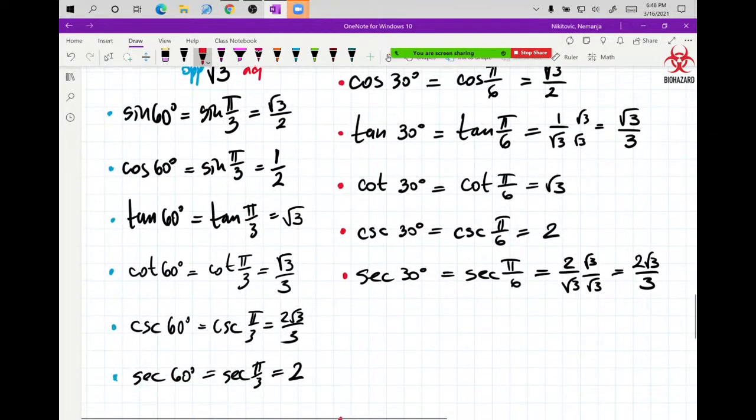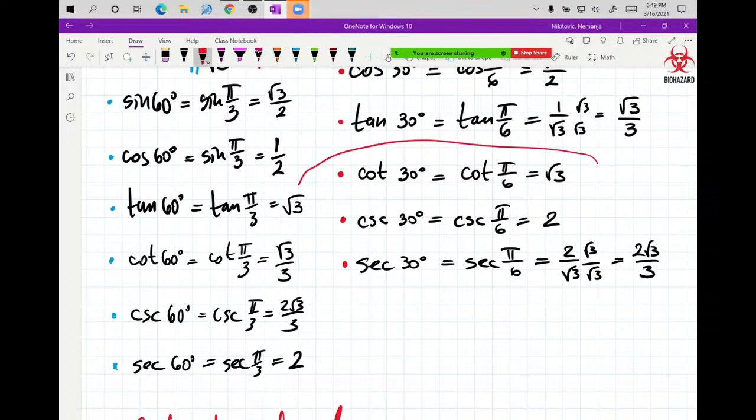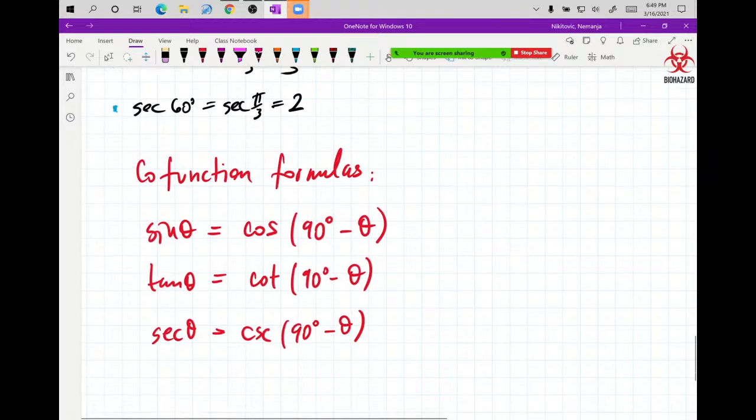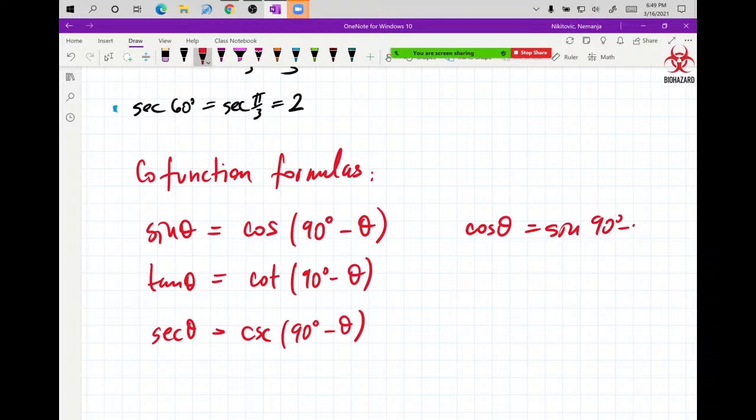What am I talking about? See, they swap the values. Here's your cotangent, for instance. And maybe I should circle cotangent and tangent at the same time. There we go. So tangent of 60 is root 3, and the cotangent of 30 is root 3. That's a very interesting observation. And then we have the other functions. The cosine theta is equal to the sine of 90 degrees minus theta. You have them for all, right?